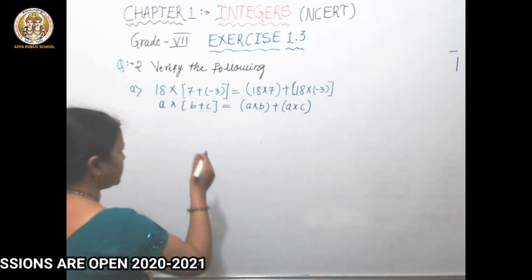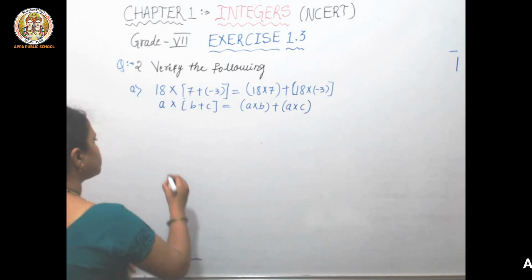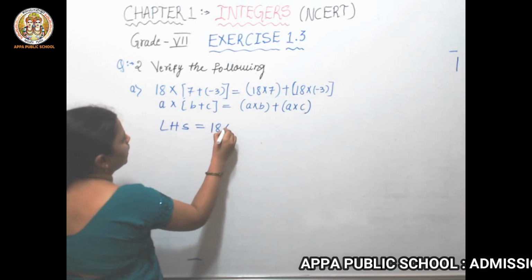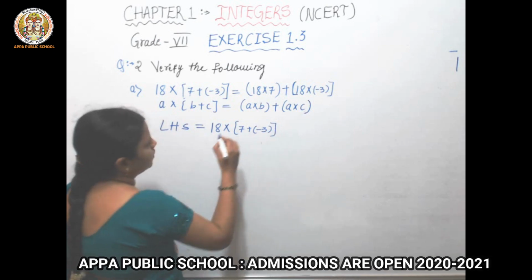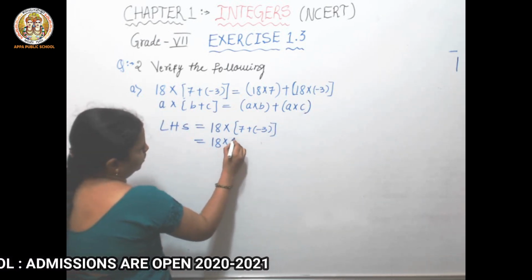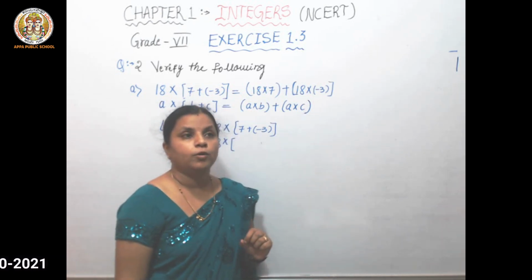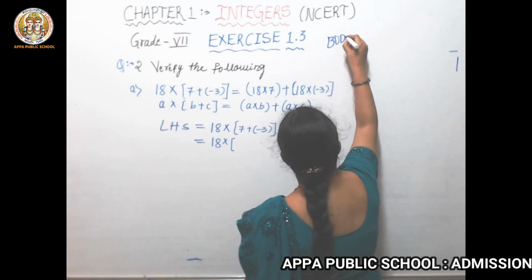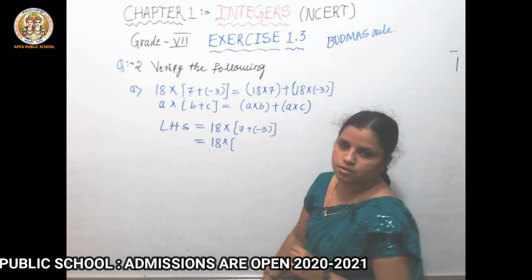Now you see the first, I will take this as the LHS and that as the RHS. First, LHS. What is LHS? 18 into 7 plus minus 3. Now, while solving you should follow the BODMAS rule. Then what is this BODMAS rule?